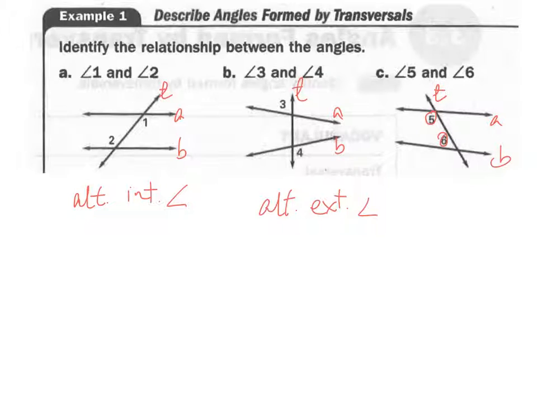Only when T is the transversal are they on the same side interior angles or consecutive interior. Consecutive is just continuous. So 4, 5, 6, 7, 8, that's continuous, that's consecutive, right?